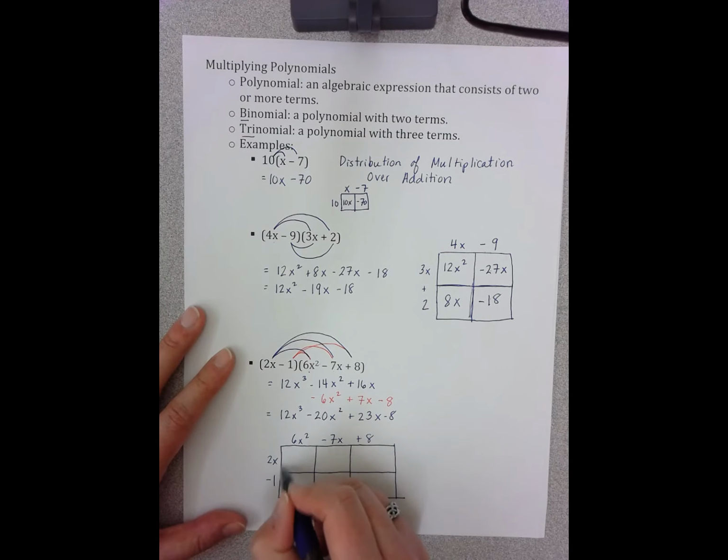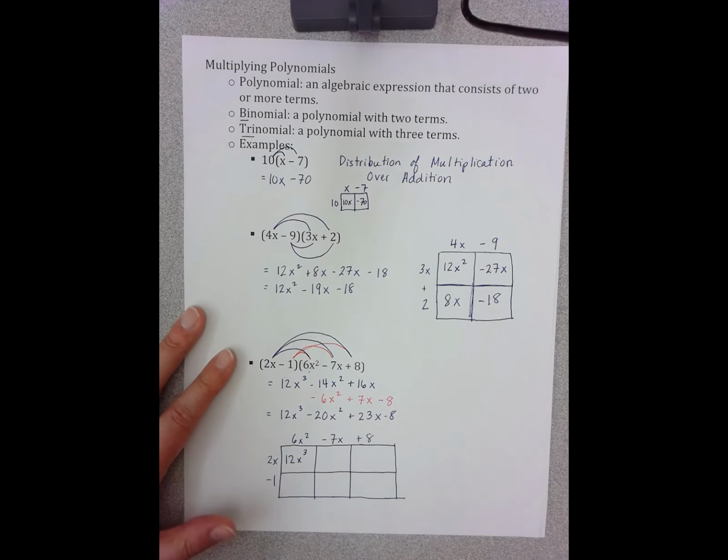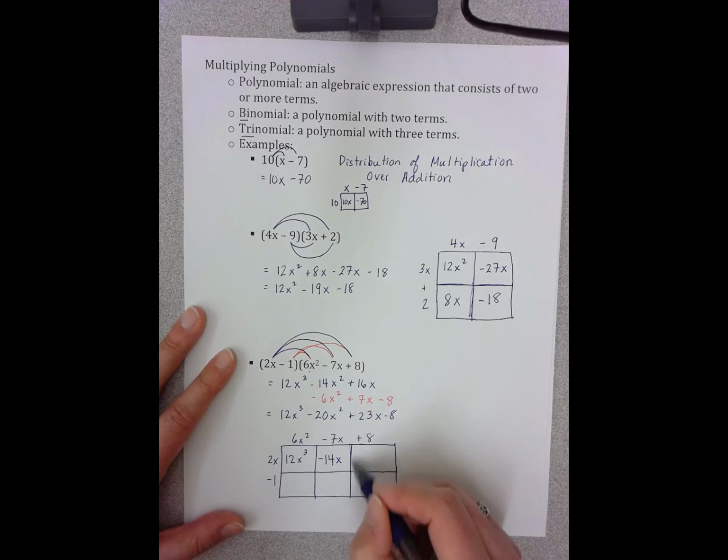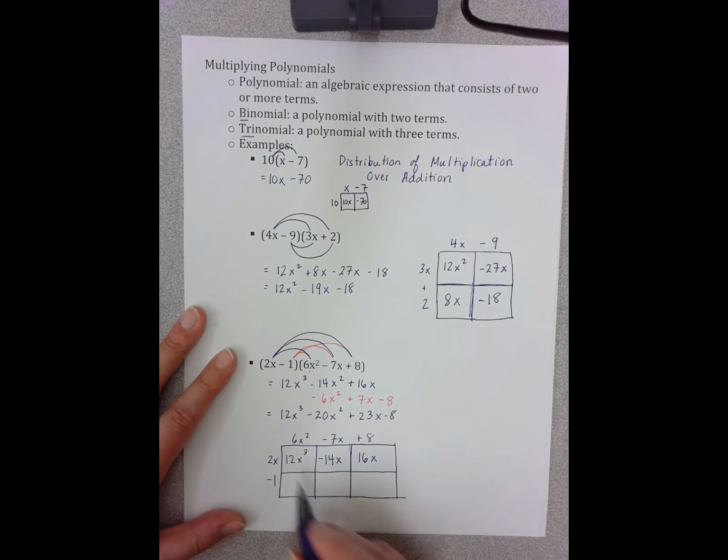So 2x times 6x squared is 12x cubed. 2x times negative 7x is negative 14x squared. 2x times 8 is 16x. 6x squared times negative 1 is negative 6x squared.